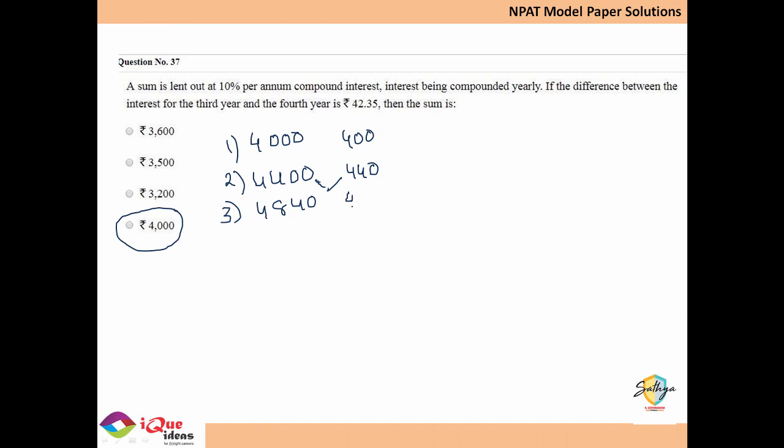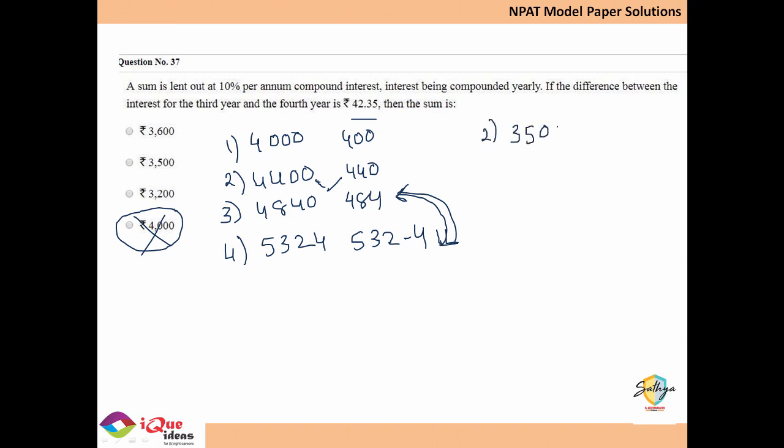The interest 10% is 484 and you add that to the principal, 5324. Next year 10% of this is 532.4. Now the difference between these two numbers is not 42.35. The difference between the interest of third and fourth year is not 42.35. So 4,000 is not my option. Let's take the second option, 3,500, right?